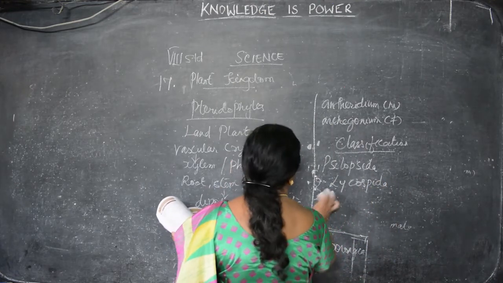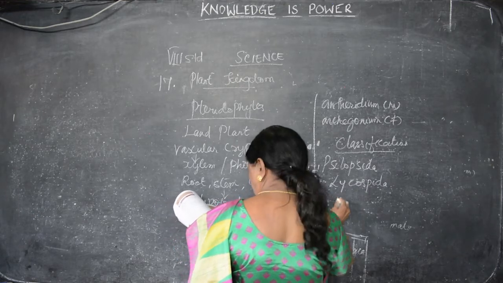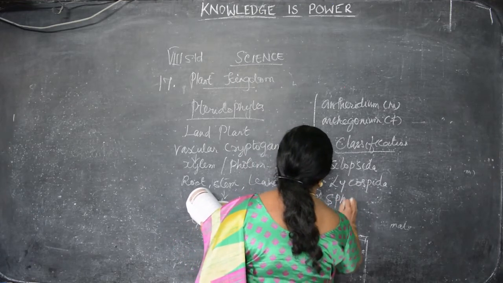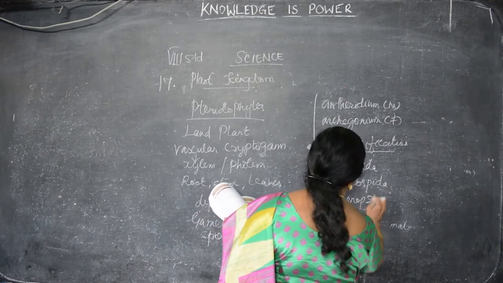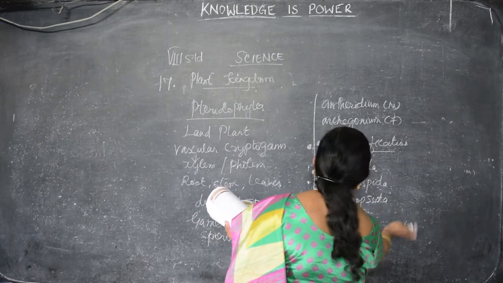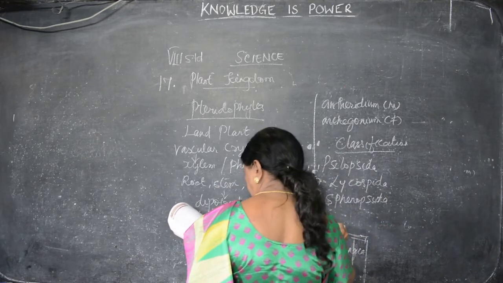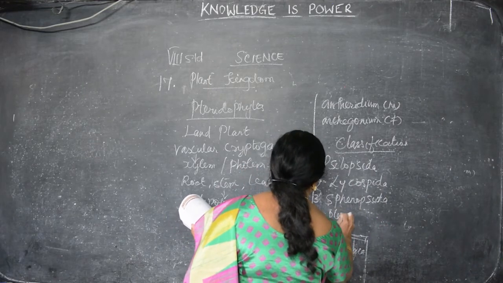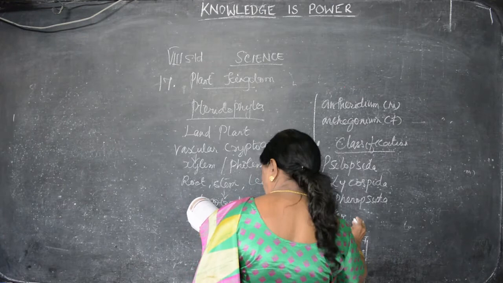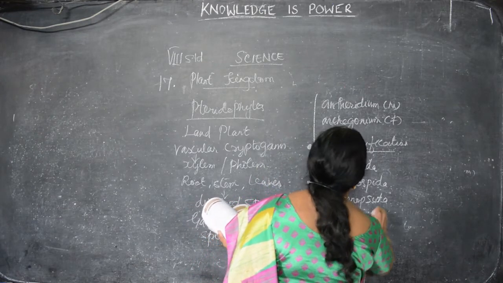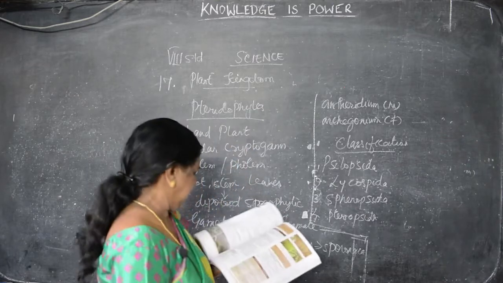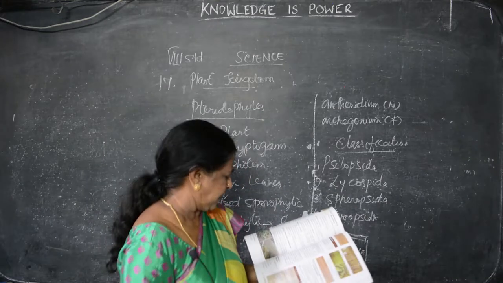Third one is Sphenopsida. And the last one is Pteropsida. There are 4 kinds. The first one, as I said, is Xylopsida.